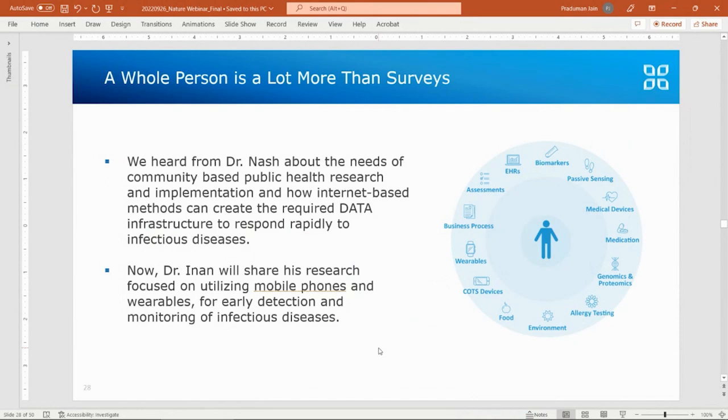And this is going to form a data infrastructure that can help us respond rapidly to infectious diseases in the future, and the learning and the knowledge that is being created.